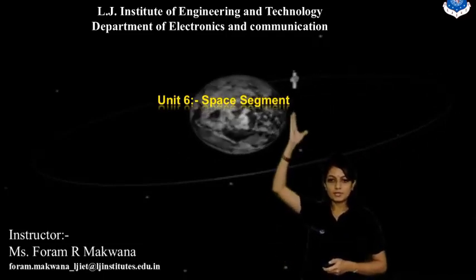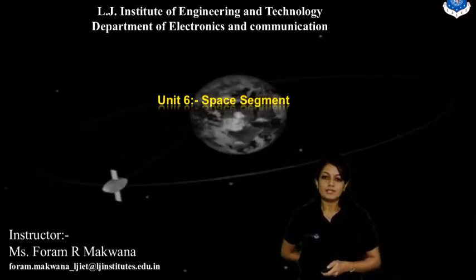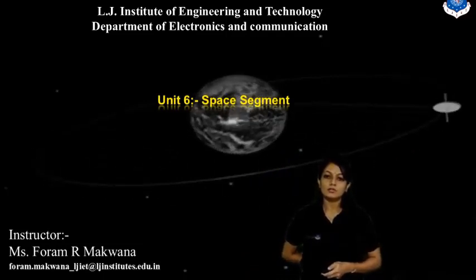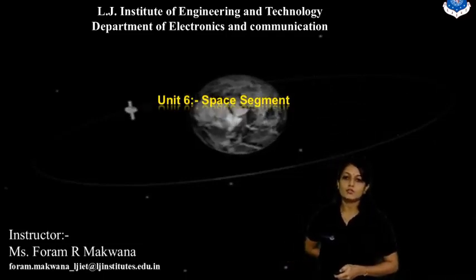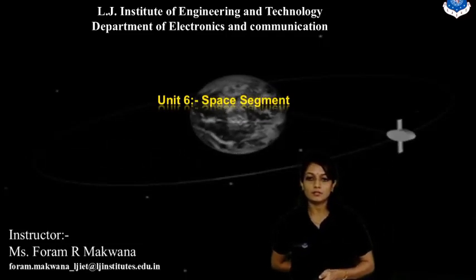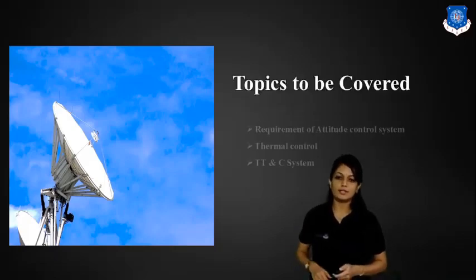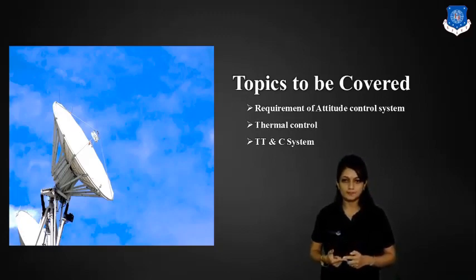From chapter number 6, that is the space segment, we have seen how the stabilization of attitude will be done. There are two different types of stabilization: momentum stabilization and spinning stabilization.